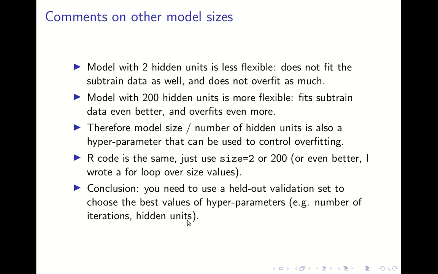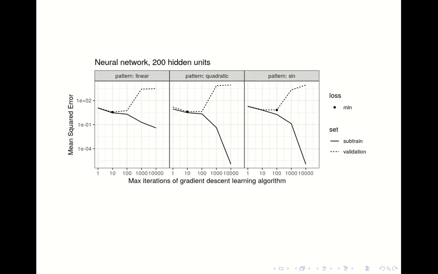For different machine learning algorithms, you'll have different hyperparameters, but in every algorithm there will be something that you need to choose using this held out validation set, because you'll always see these same characteristic error curves with any machine learning algorithm, where the subtrain error is always going down as a function of the hyperparameter, but the validation error is not always going down.